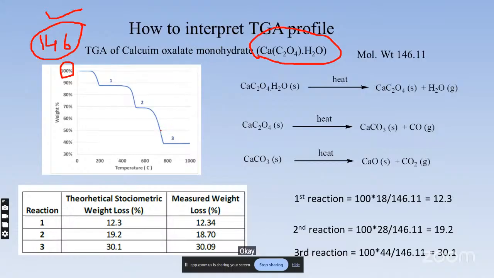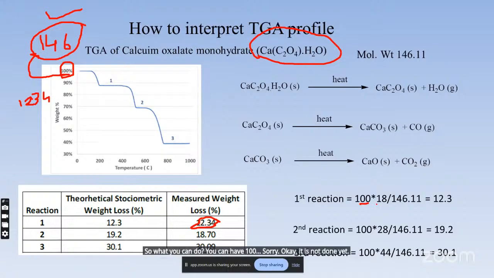Now if 12.34% is loss in the first step, what you can do? 100% weight corresponds to molecular weight of 146. You can just assume that in the first step, water molecule is lost.